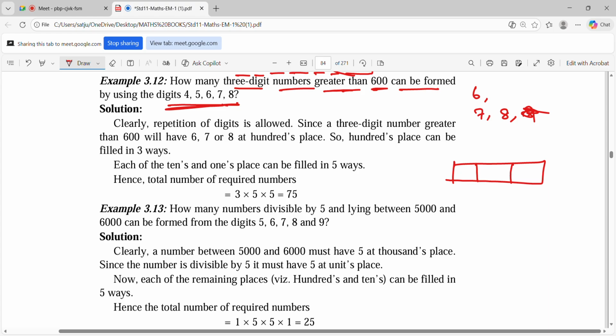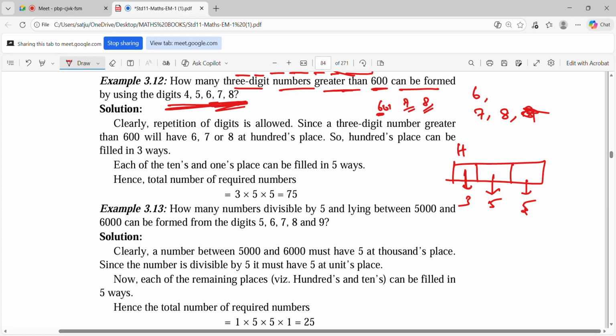So to fill the hundreds place you have 3 ways, because greater than 600 means 601 onwards: the 600 series, 700 series, 800 series.